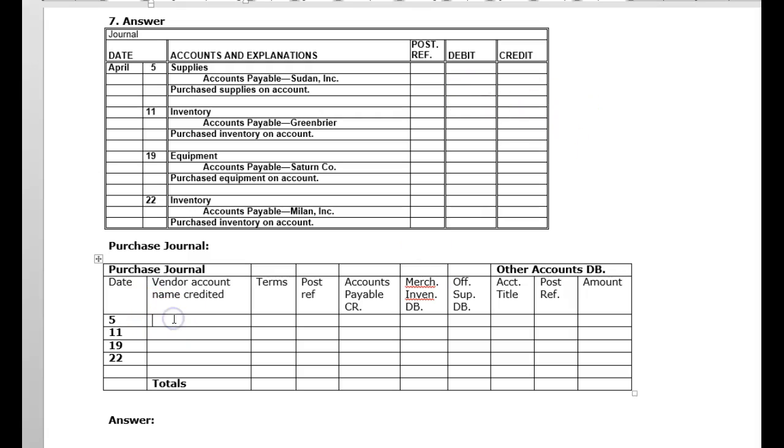Here is just the account name or the vendor name. And here you would go with your account names over here. And this right here is for accounts that aren't found here. You will find that it's really very clear in the book.